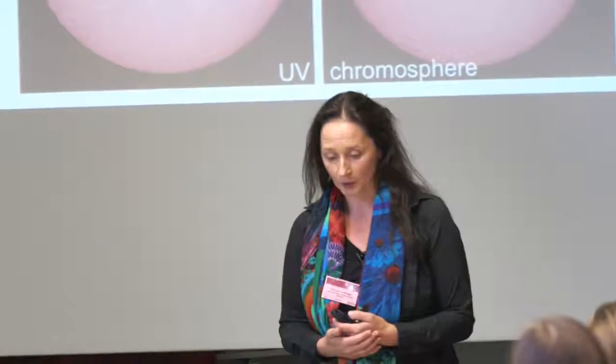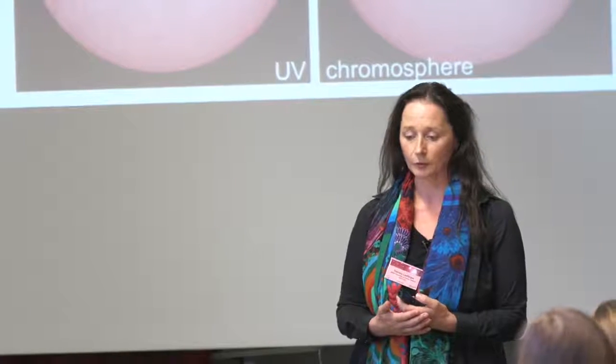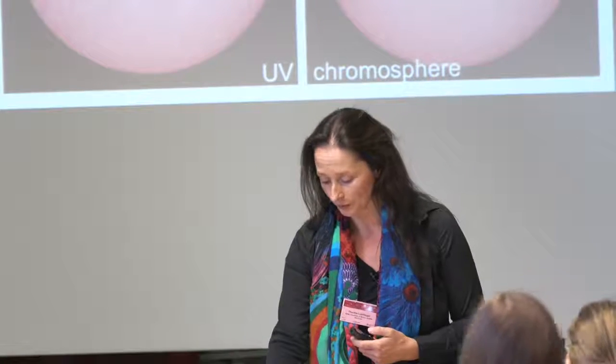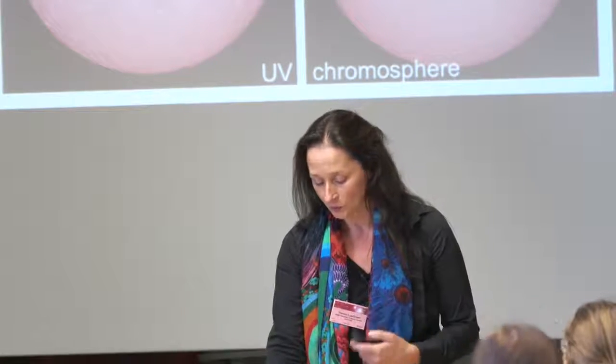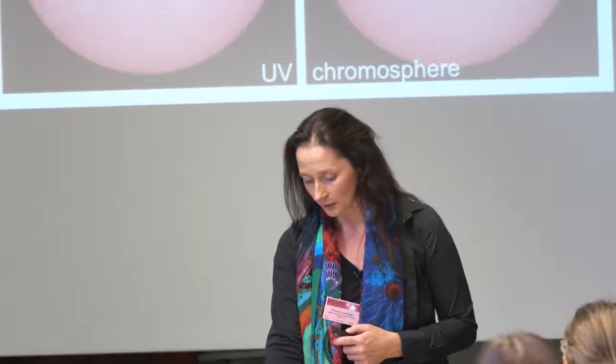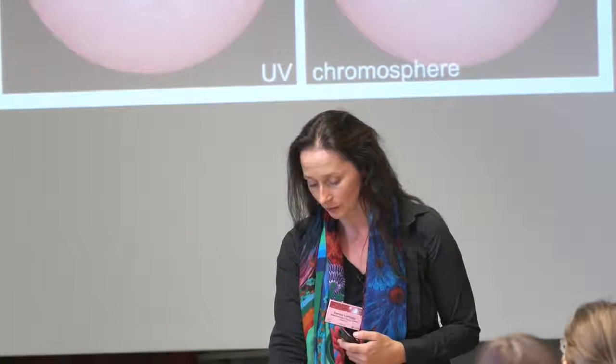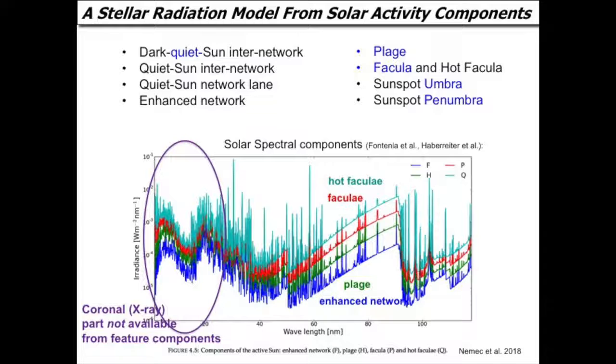And for this work, we need filling factors of the different components to denote them as a function of stellar activity level, like S index or Lx to L-bol. And what she did in the end was construct spectra for the different contributions from the solar surface, from plage, faculae, and hot faculae areas, umbra, penumbra.